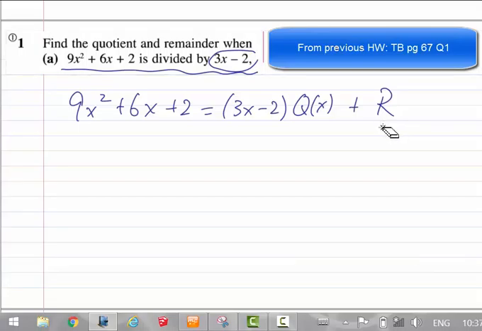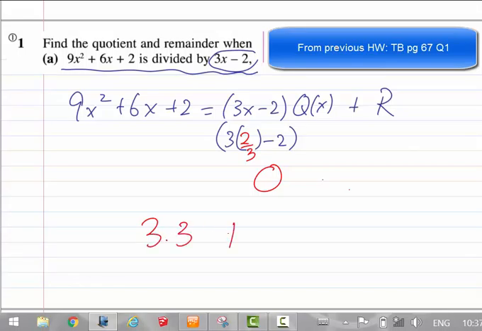So if we are only interested to find the remainder, we need to set 3x minus 2 as 0 so that we can get rid of the quotient. The value of x when 3x minus 2 is 0 is not just 2 but 2 over 3. So now the divisor is 0 and we can find the remainder. Which brings us to the next section, 3.3, remainder theorem.